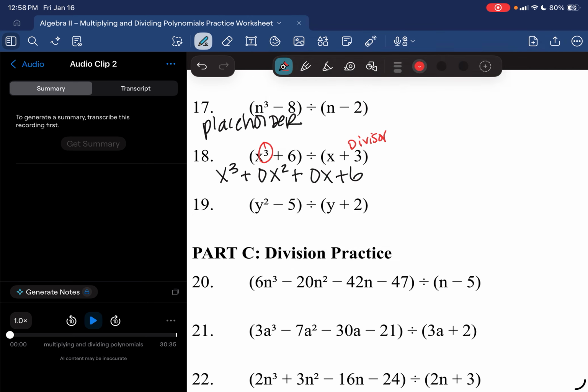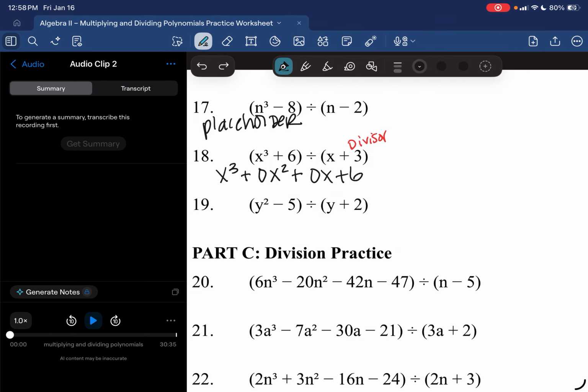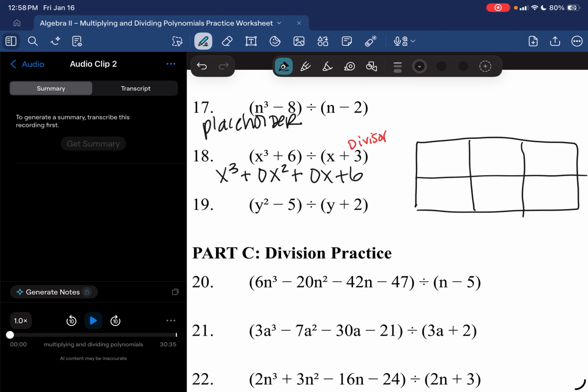Okay, what does this number say here? 3. So you're going to construct a 3 by 2. If it says 4, you do a 4 by 2. Go ahead and see if you can fill this out without my help. Pause your video.